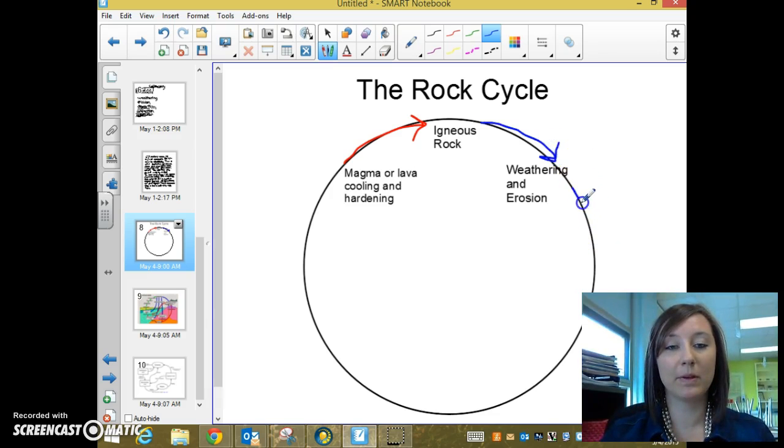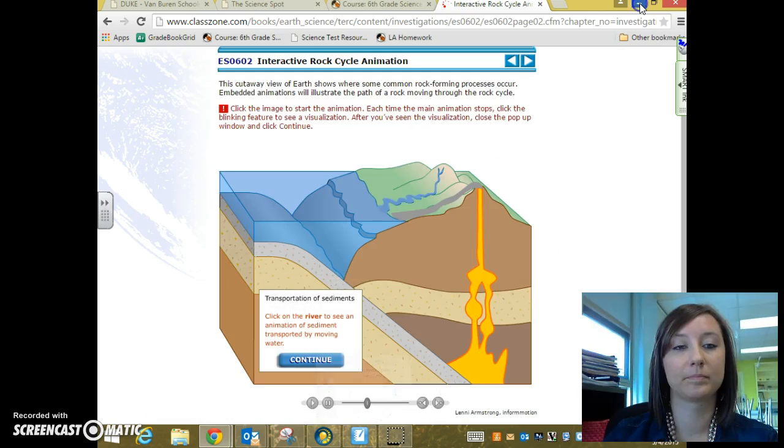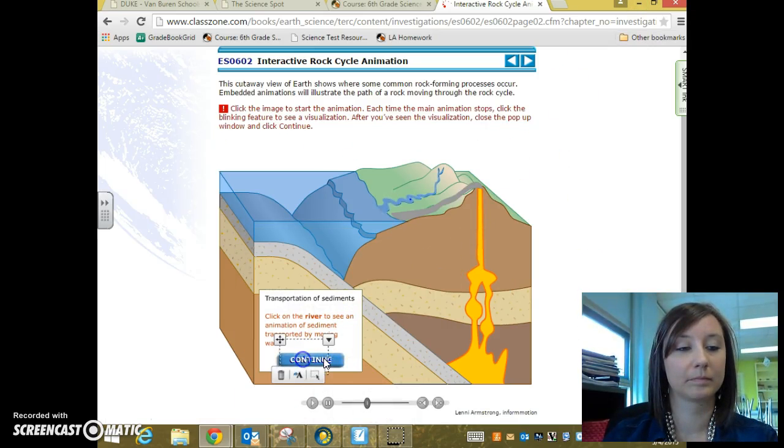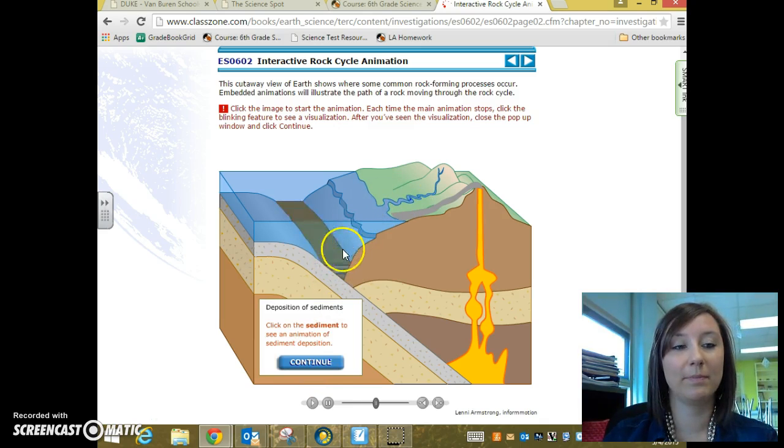And then once we've been weathered and eroded, we continue on our journey. We have it built up here, and we're having deposition happening.